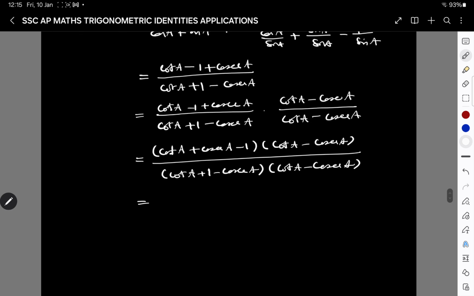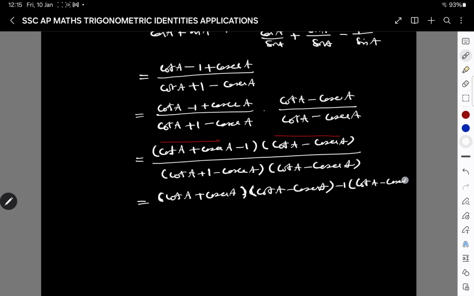This is equal to, you can now check, this is cot plus cosecant, cot minus cosecant. So it is cot A plus cosecant A into cot A minus cosecant A minus 1 into cot A minus cosecant A divided by, don't change, don't multiply or do anything with the denominator.